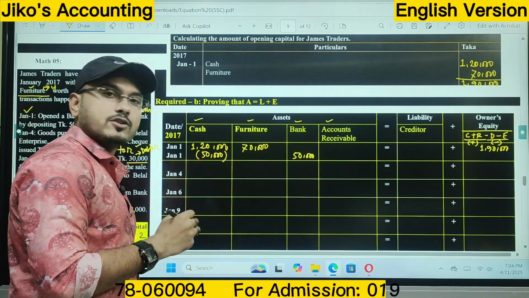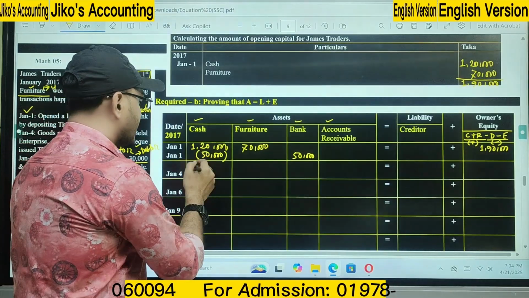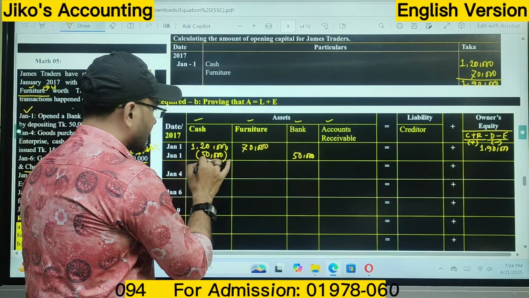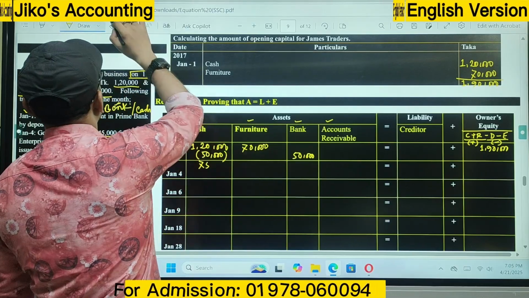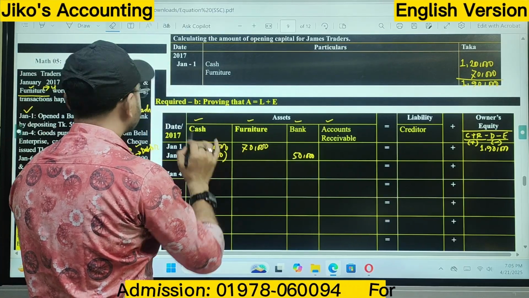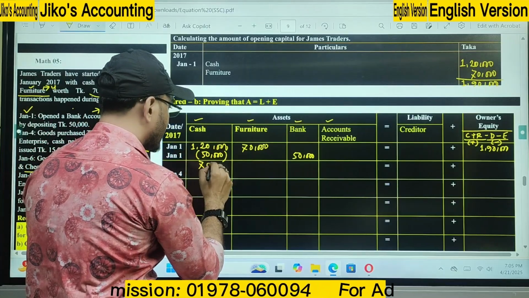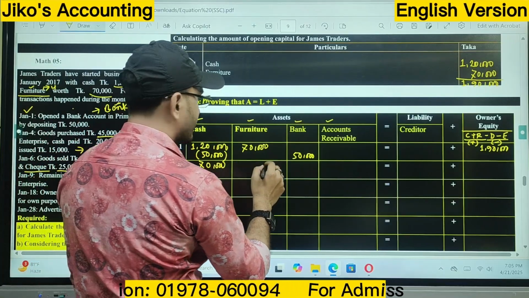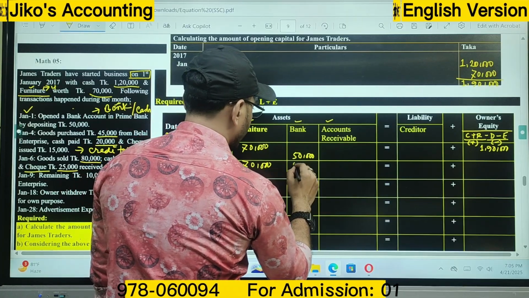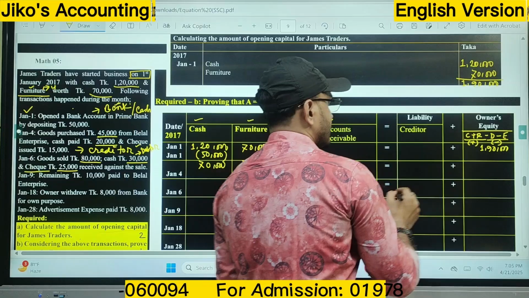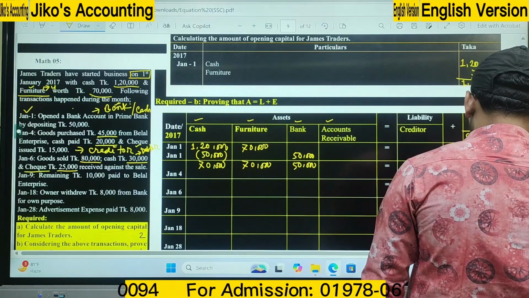That indicates the reduction of cash. So now deduct: 1,20,000 minus 50,000 is equal to what? What is our amount here, sir? Our amount is 70,000. Then 70,000, then 50,000.